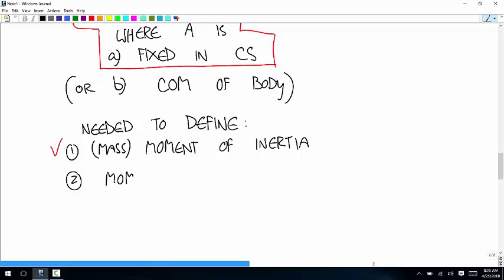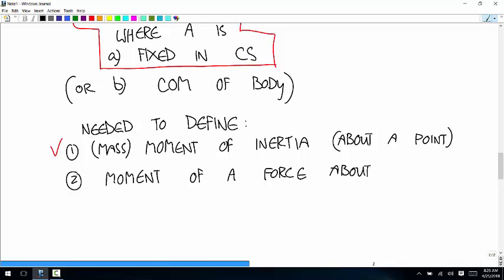And then we need the moment of a force about a point.